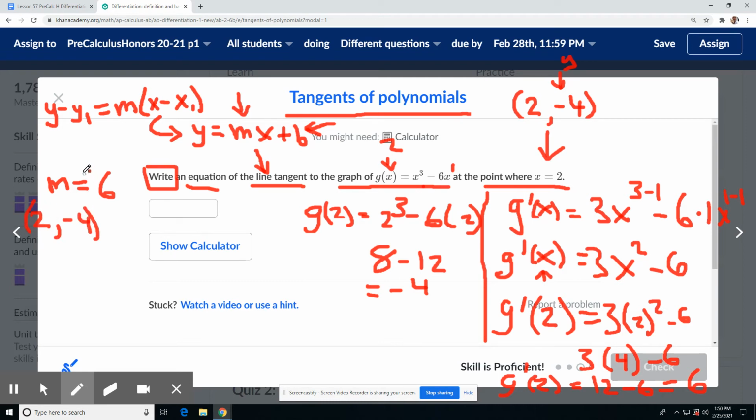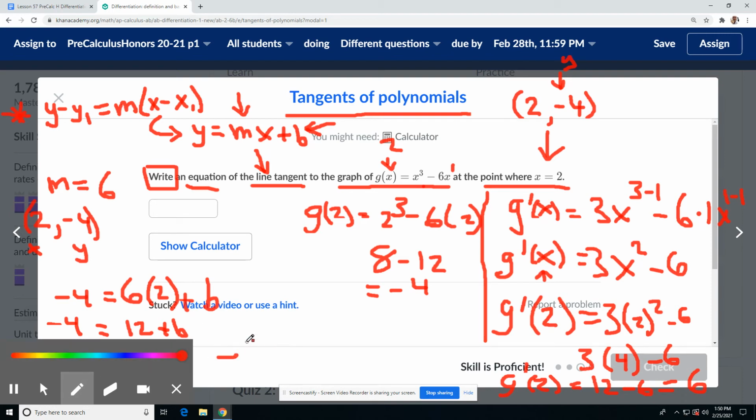Now there's two ways of doing it. You can use the point slope formula, or you can plug everything into the y equals mx plus b formula to find b. I'm going to go ahead and do that option. So this is my x, this is my y, and I get negative 4 equals our slope 6 times our x, 2, plus b, what I'm looking for. Negative 4 equals 12 plus b. Minus 12 on both sides, and I get negative 16 equals b.